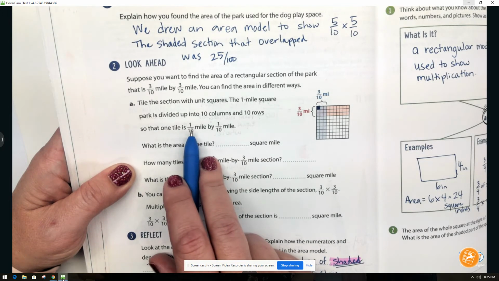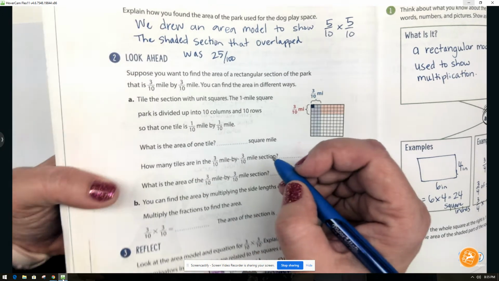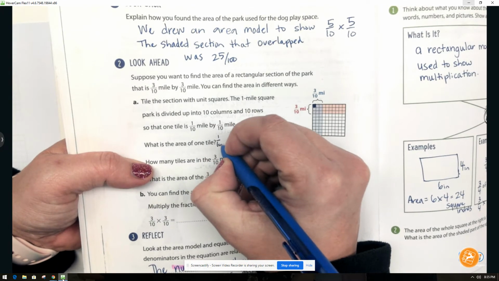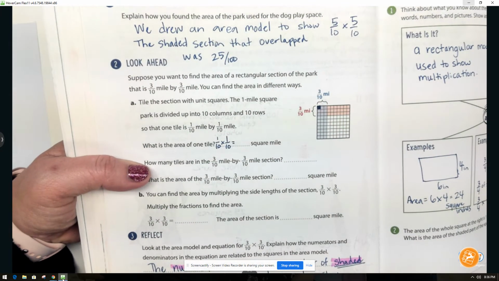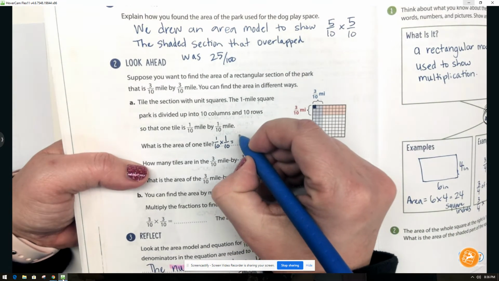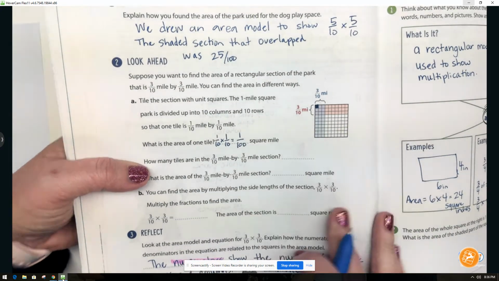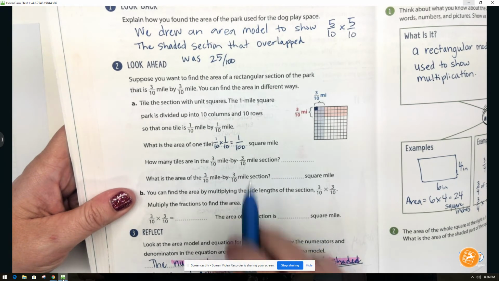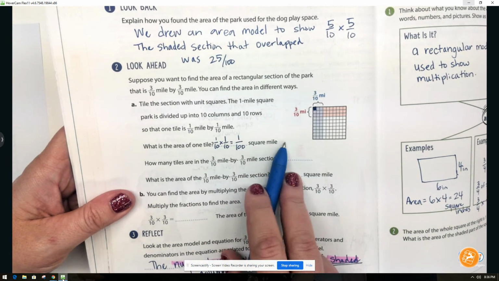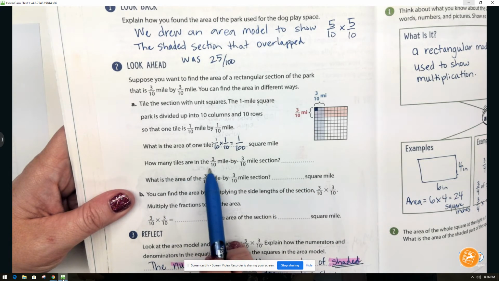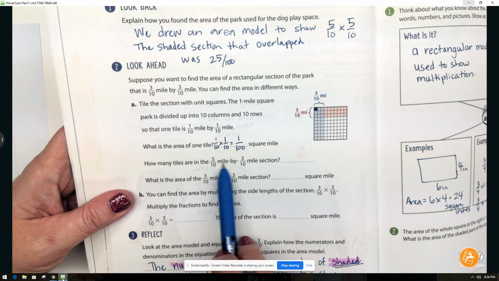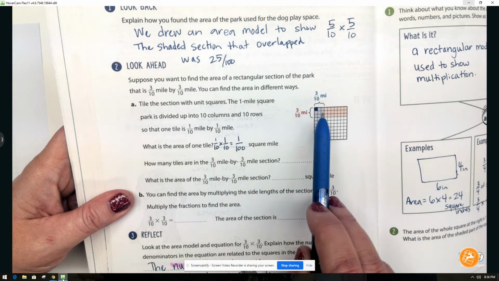Remember, area equals length times width. So if we did 1/10 of a mile times 1/10 of a mile, what would we get? That's right, 1/100th of a square mile. So how many tiles are in the 3/10 mile by 3/10 mile section?